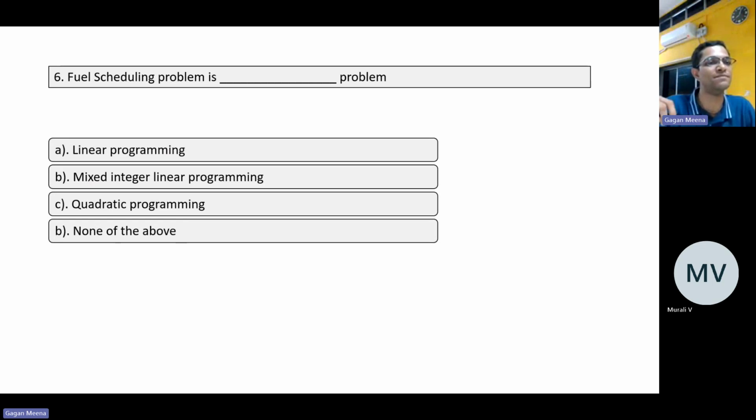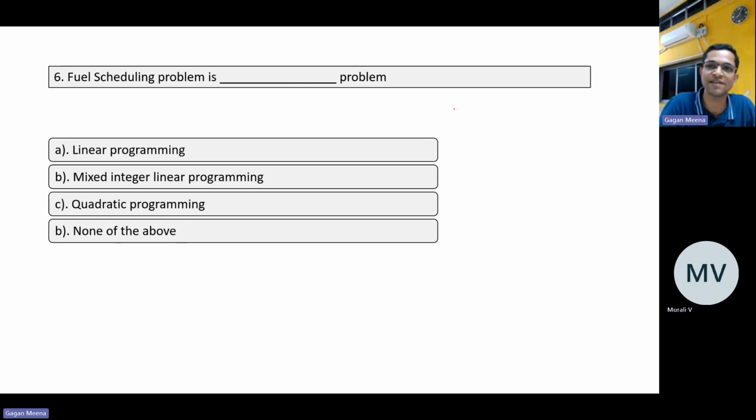So it's a linear program. You can solve it using LP. The objective function is linear. It is minimization of fuel cost. And the constraints are also linear.